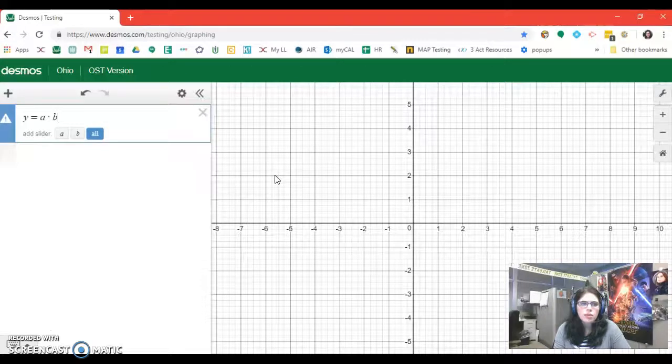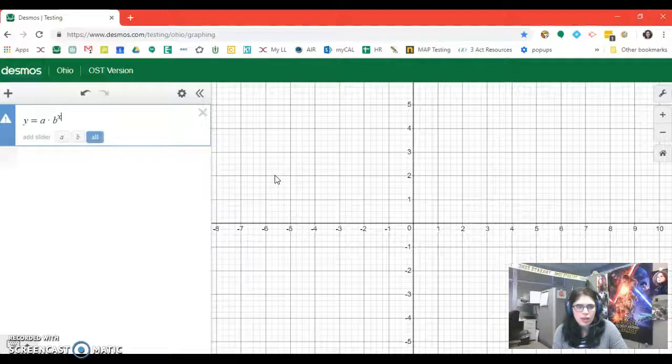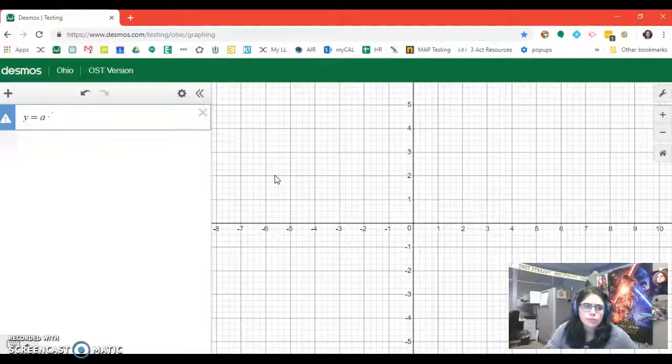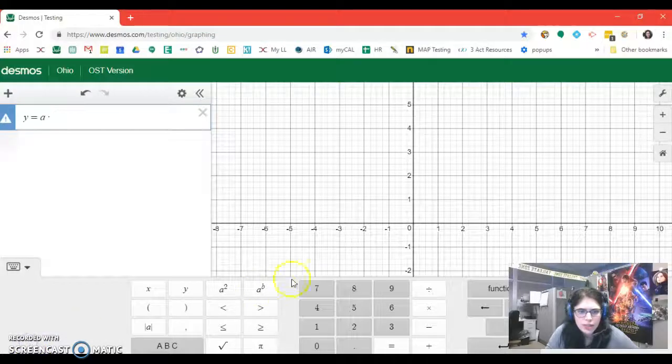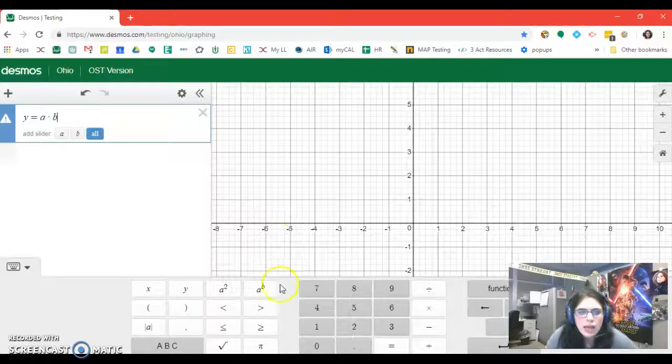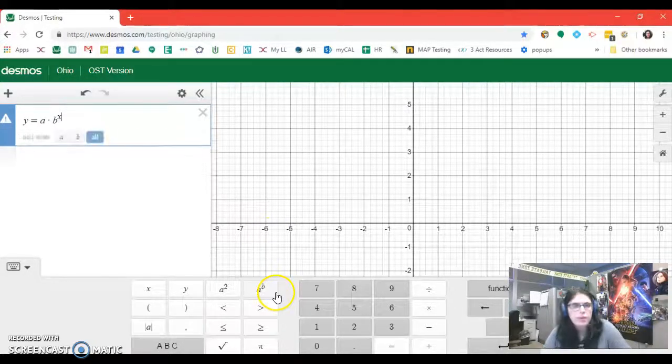There's two different ways that you can do that. You can either type b and then shift 6 and then x, or if you prefer, you can use the keyboard and click on this a to the b, and then type in an x there.